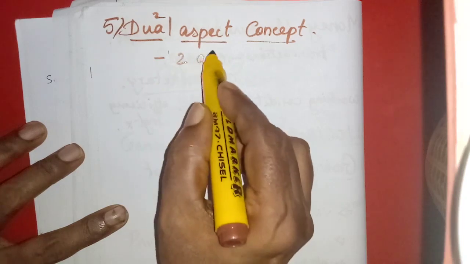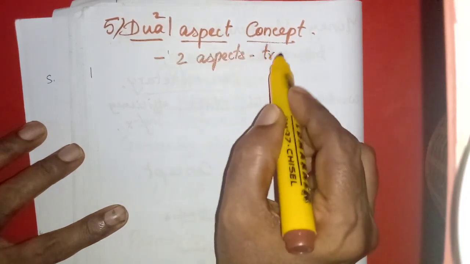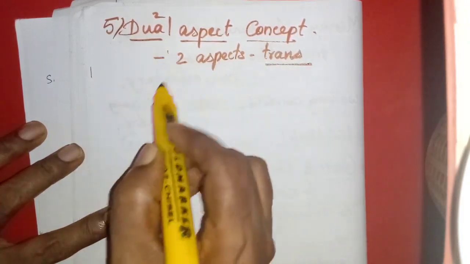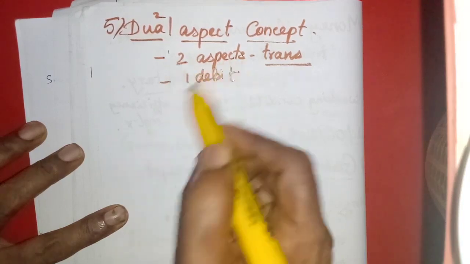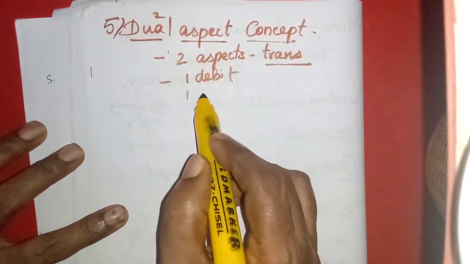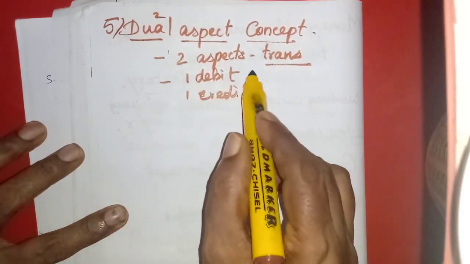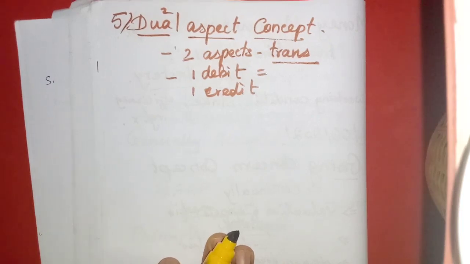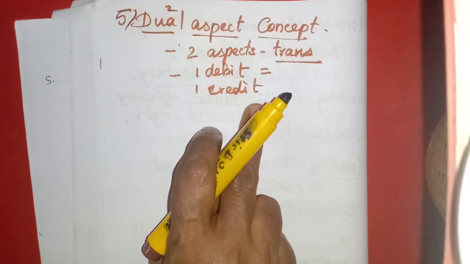So two aspects are there for each and every transaction. If one is debit, the other one will be credit. So we can say the debit will be equal to credit. The debit amount will be equal to the corresponding credit.